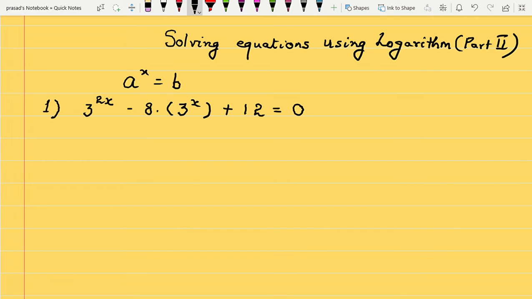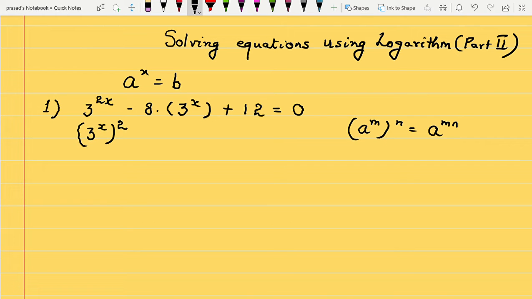Now here 3 to power 2x, I can write it as 3 to power x the whole square, because we have the laws of indices. A to power m to power n is a to power m into n.